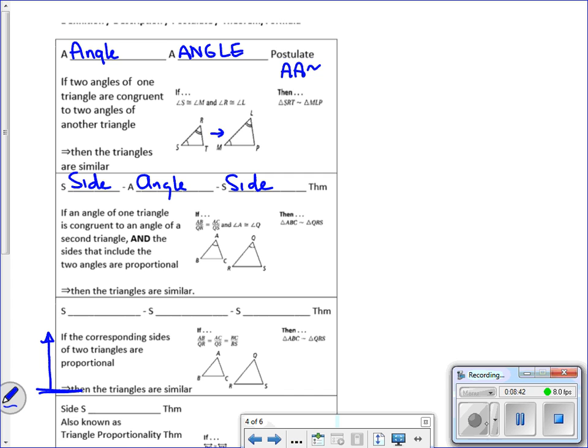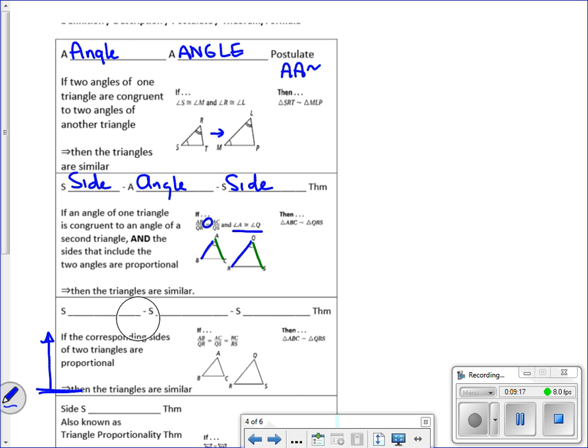Side angle side says basically that if I have two sets of sides, so if you look over here at this proportion, if I know AB corresponds to QR, and I write a ratio between those two pieces, and then I write another ratio between AC and QS, if those two ratios are exactly the same and the angle trapped between them is the same, then we have two figures that are similar.